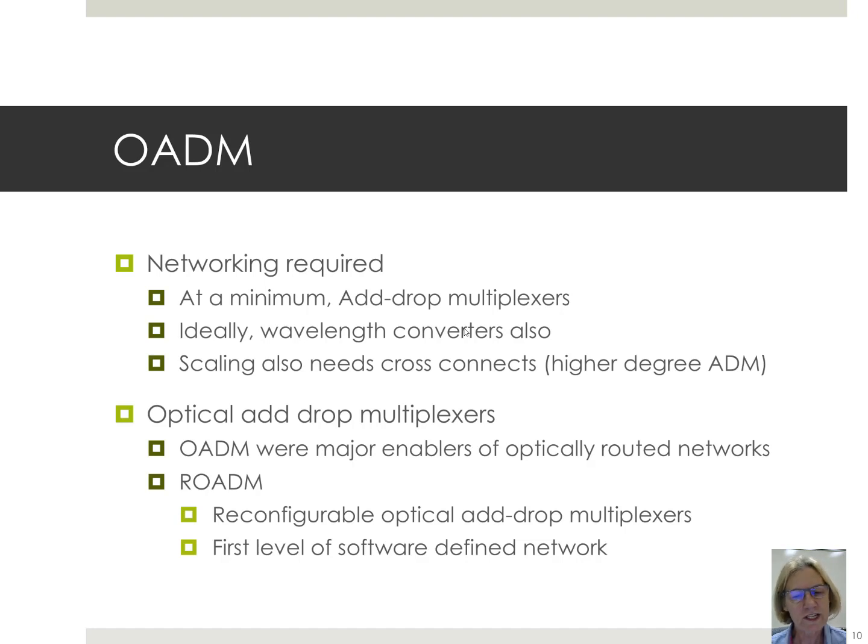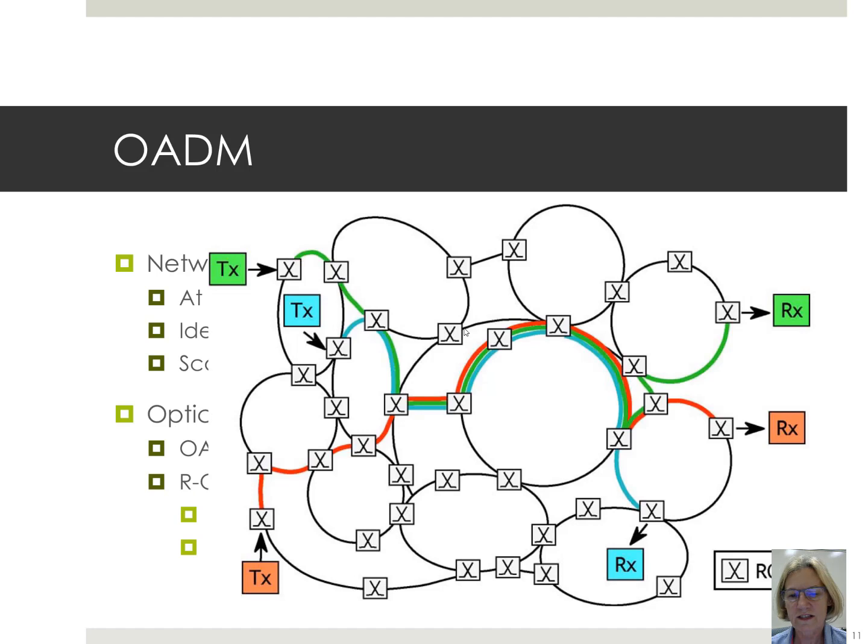And this was the first level of a software-defined network in the optical domain. So you could keep signals in a purely optical state, just read the headers, convert those to electronics, or have some optically controlled headers too. But in any case, this was a key component. So when we look at these elements in a reconfigurable optical network, they would be called ROADMs.